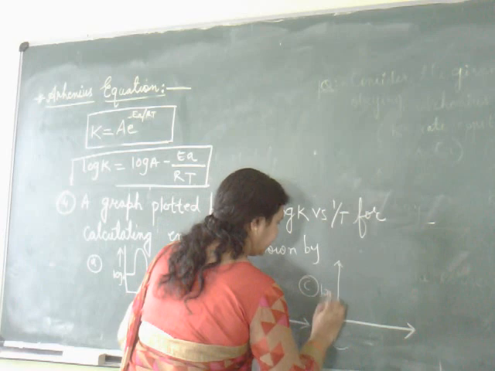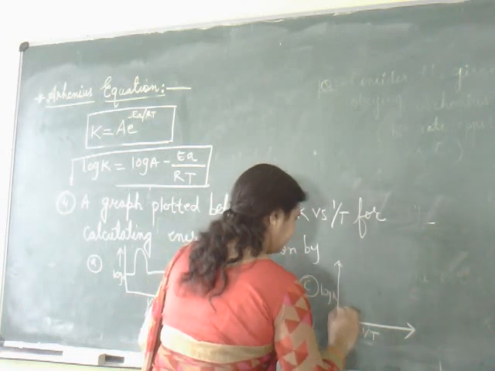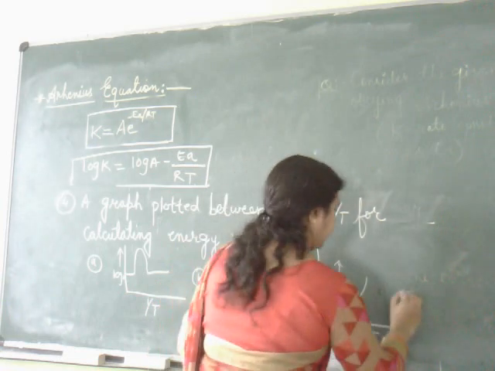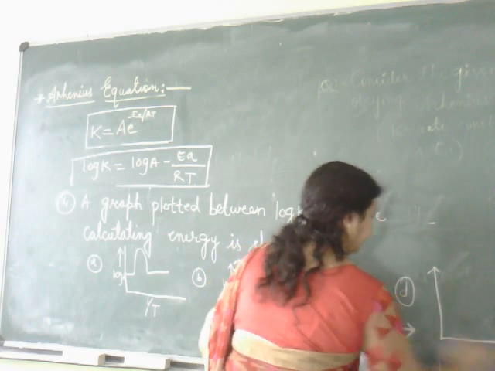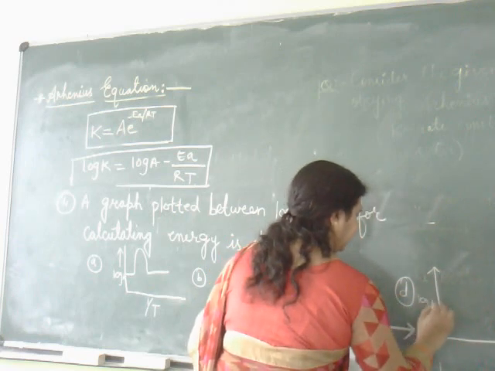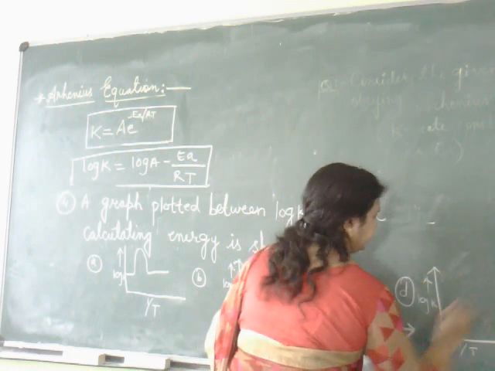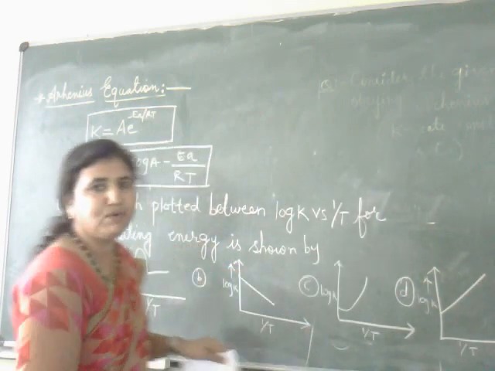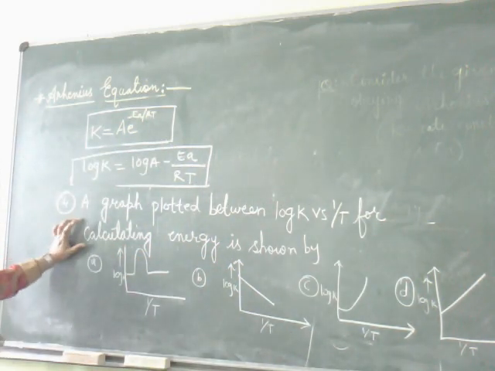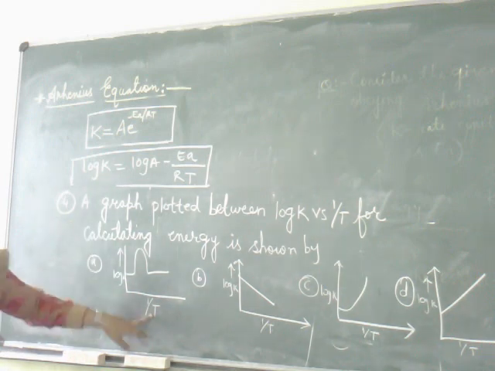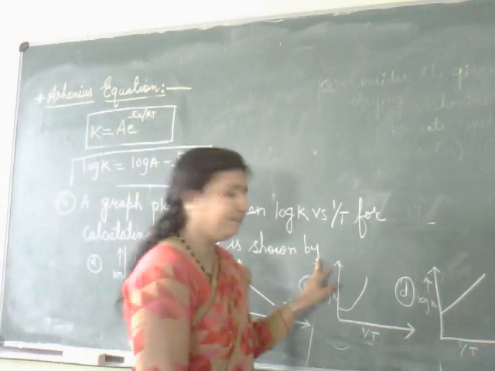What is the question? A graph plotted of log k versus 1/T for calculating energy is shown by which graph?